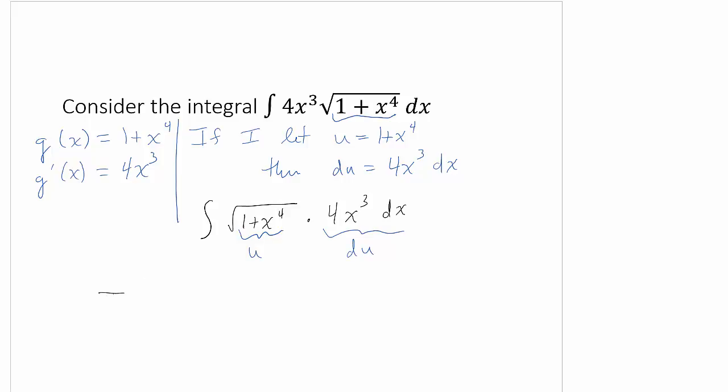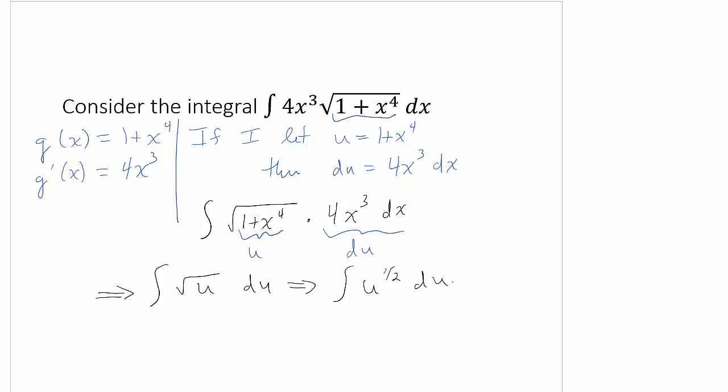And so this integral can be rewritten as the integral of the square root of u du. And this is a simple form. Remember that I can rewrite that as the integral of u to the 1/2 du.